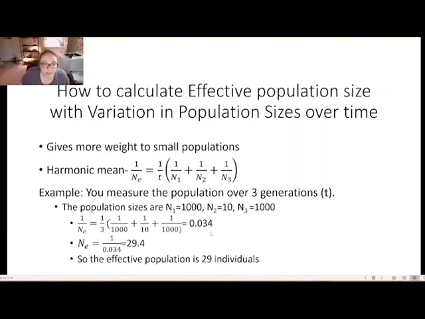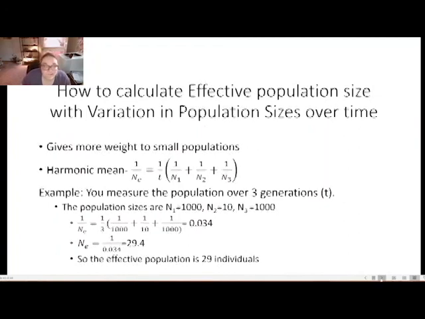And for this, you would end up with 1 over 0.034. Your effective population then would be only 29.4 individuals. So it's much lower than what you would expect. And that's because we went down to those 10 individuals in the middle there.